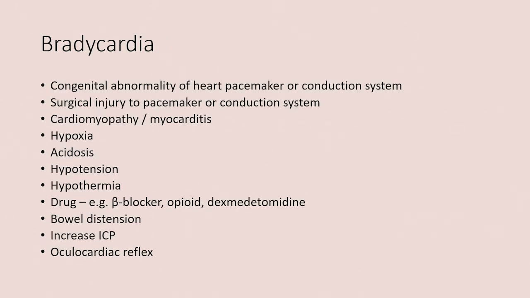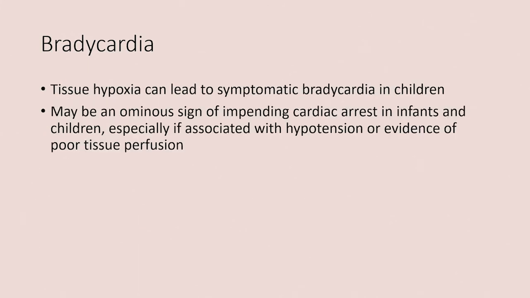Sinus bradycardia, which means the heart rate is too slow, could be due to a number of causes like abnormality of the heart pacemaker system, surgical injury to the heart pacemaker system, cardiomyopathy, hypoxia, acidosis, hypotension, hypothermia, drugs, bowel distension, increased intracranial pressure, oculocardiac reflex. And we also need to examine the child carefully to know which one is the cause.